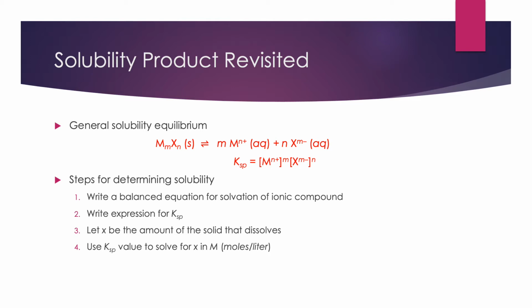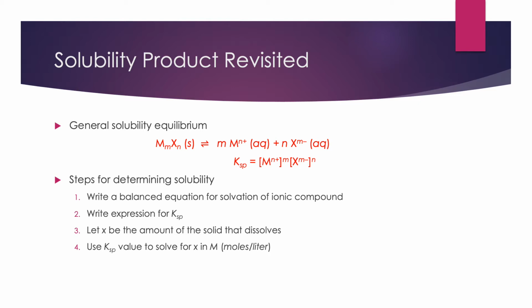And in many cases, we have very sparingly soluble compounds that don't dissolve much at all. So how would we determine the solubility of a compound like this? Well, we would first write the balanced chemical equation for the solvation, so that's what's written above.